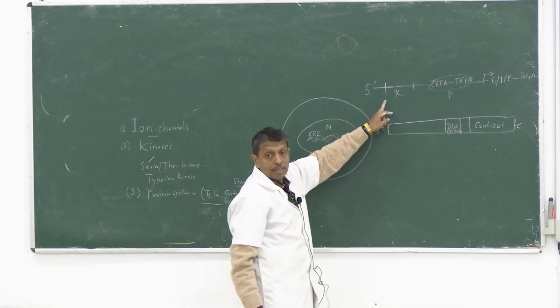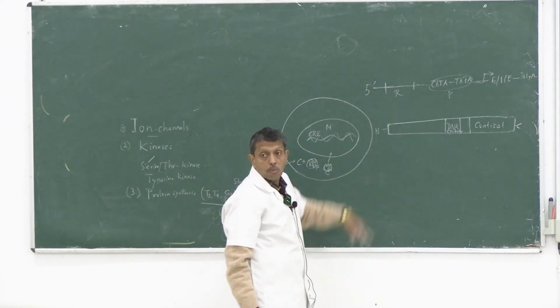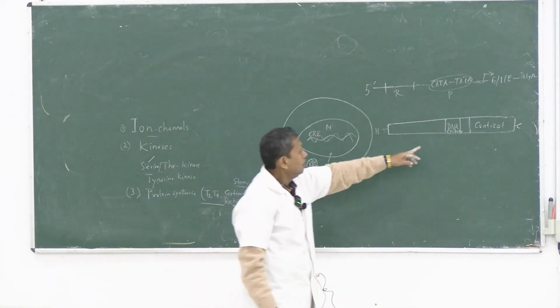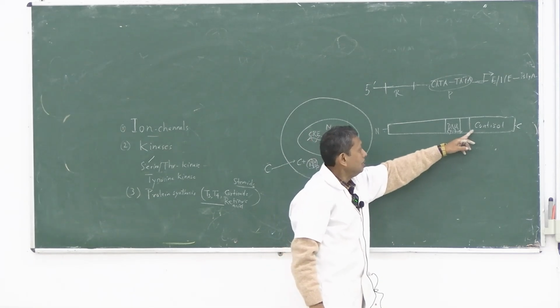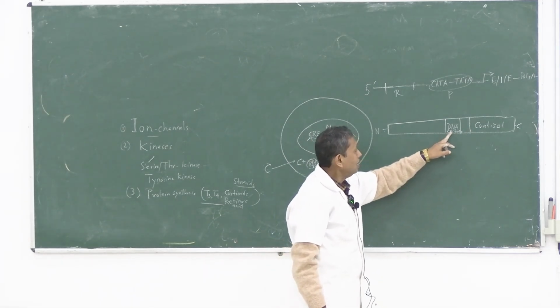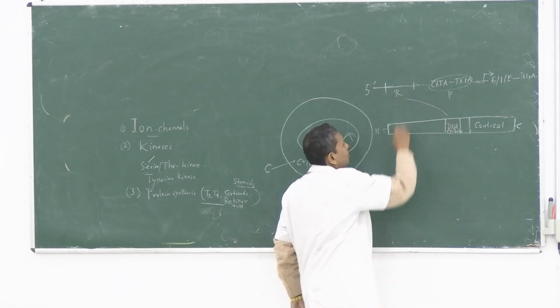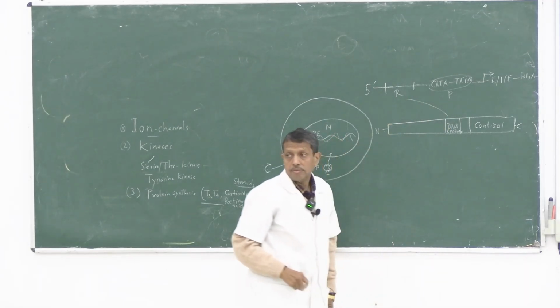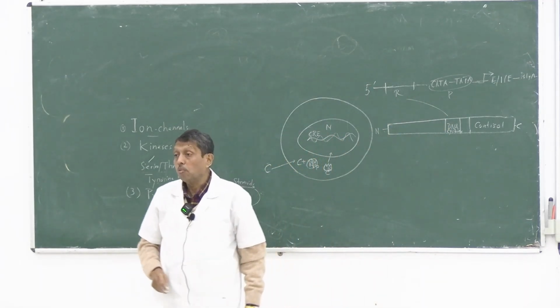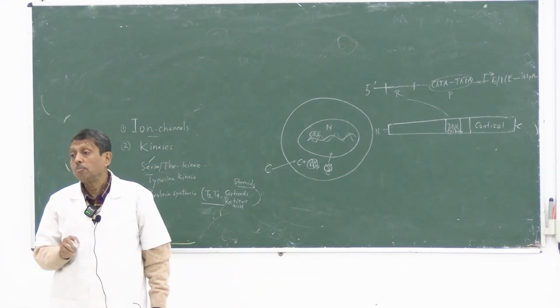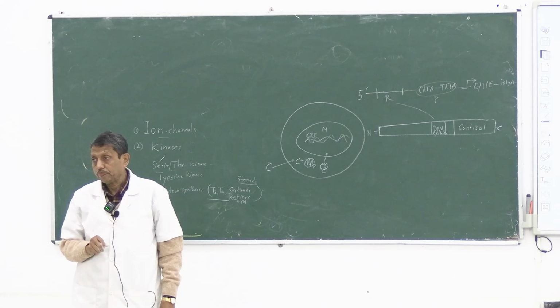This regulatory part is called the hormone responsive element, and this is where the receptor binds. There is a DNA binding site that unites with this responsive element at the regulatory region, and in most cases this increases the activity of the genes.